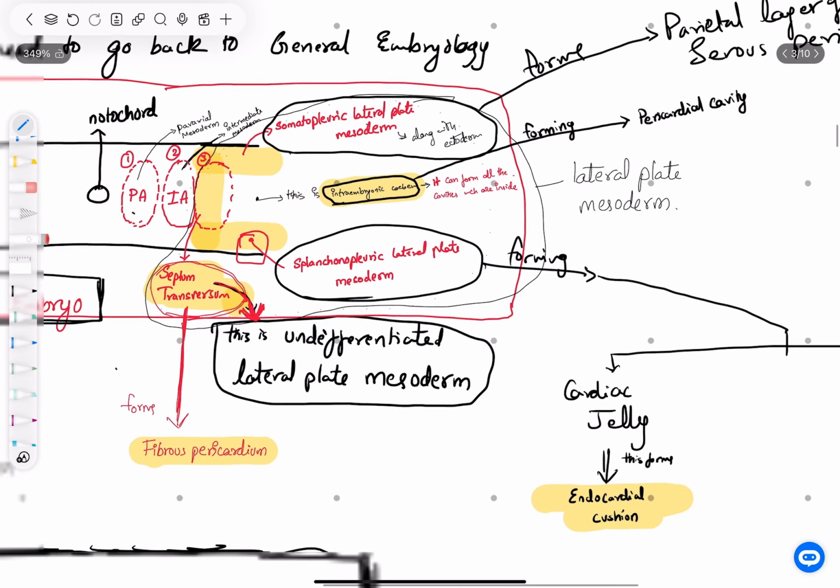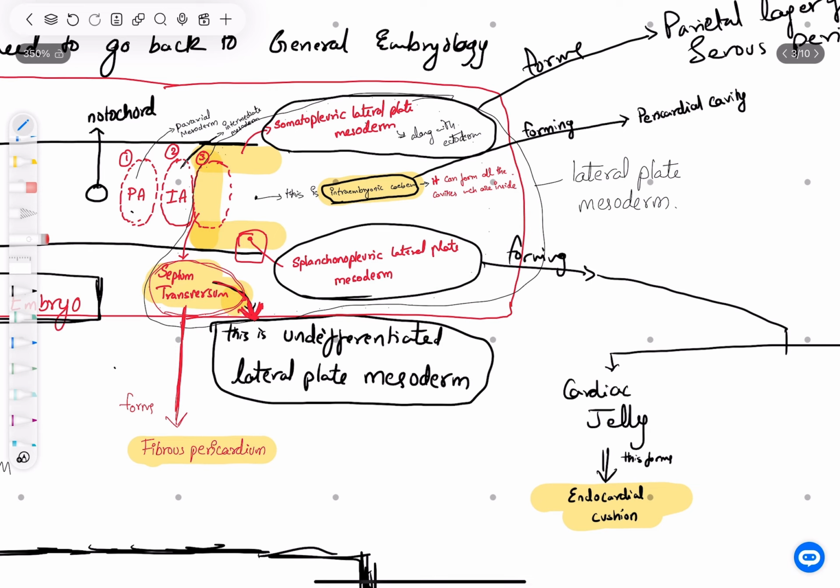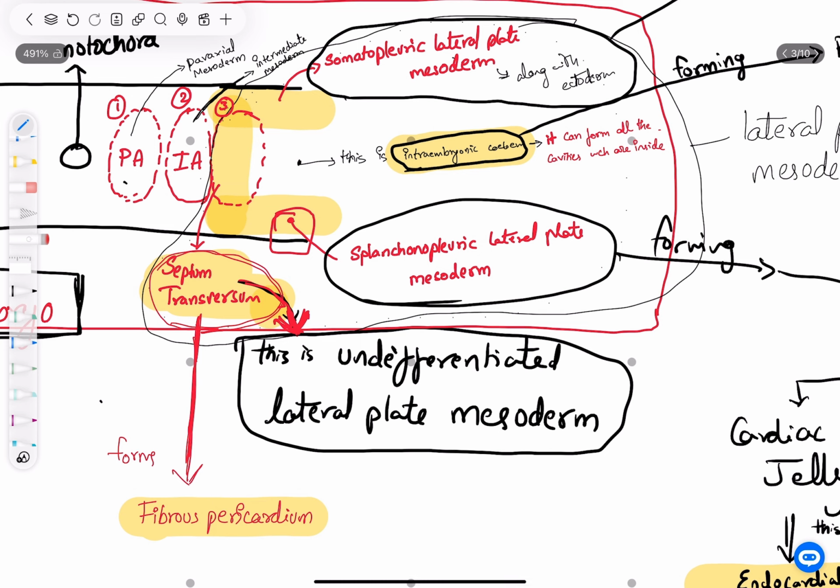This complete thing is lateral plate mesoderm, and the structure in between the somatopleuric and splanchnopleuric lateral plate mesoderm is the septum transversum.